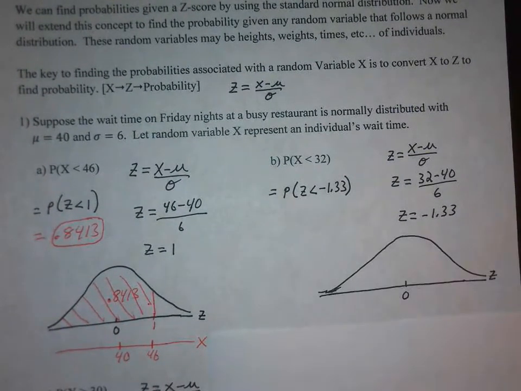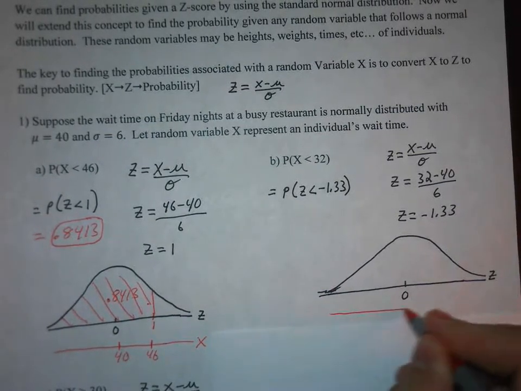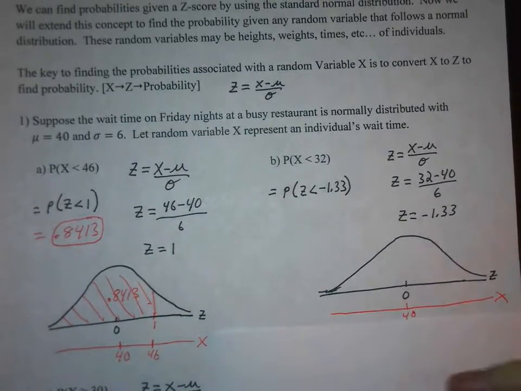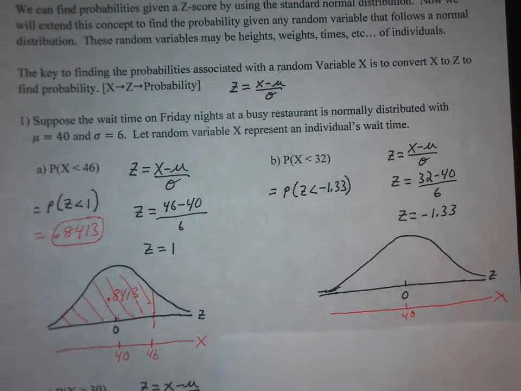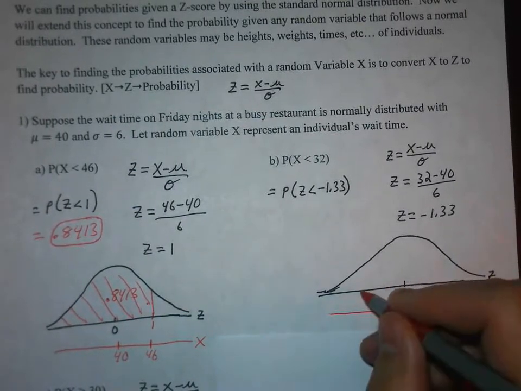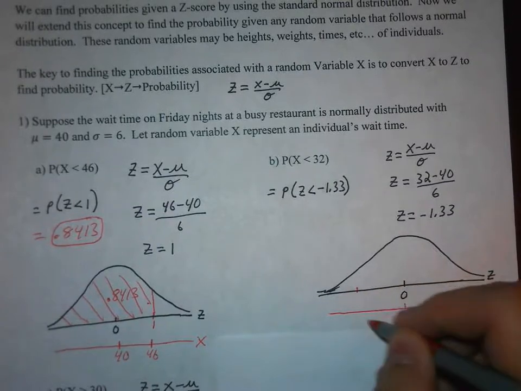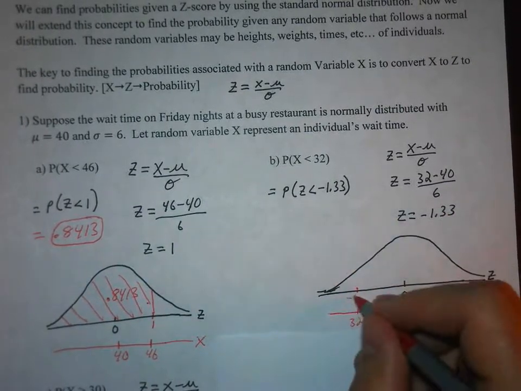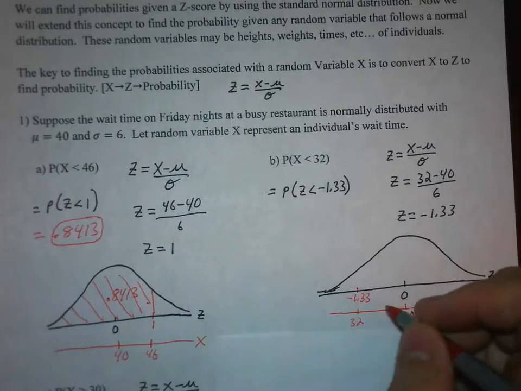So when you make your normal curve on an x-axis that has a mean of 40 right in the center, we know that 32 is going to be down here a bit to the left. And we know that z-score is now negative 1.33.